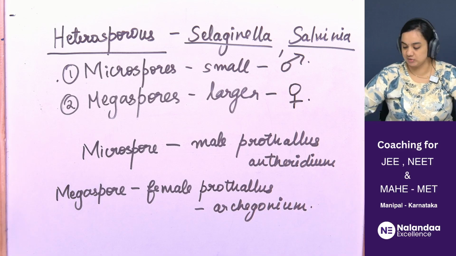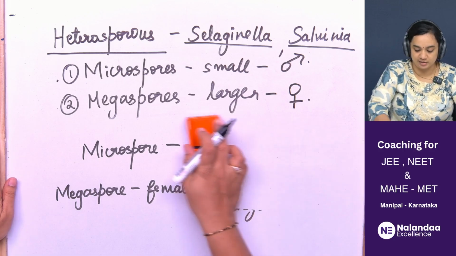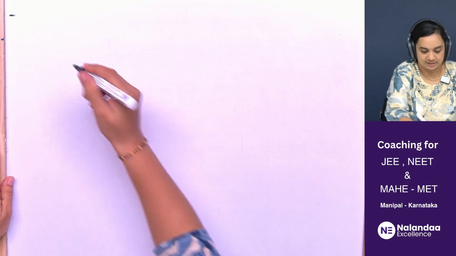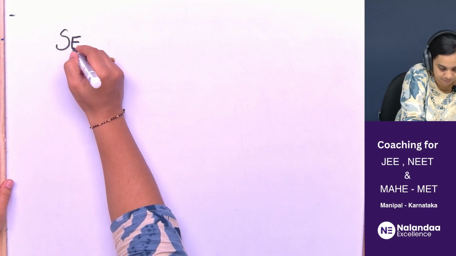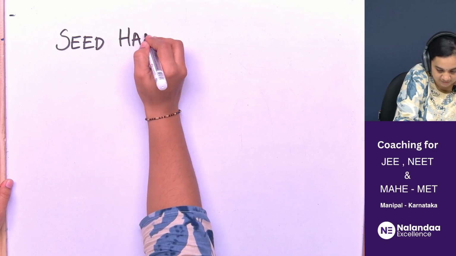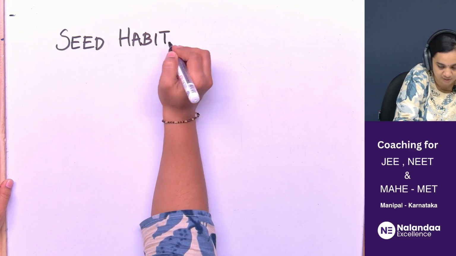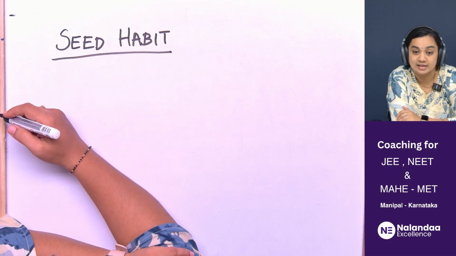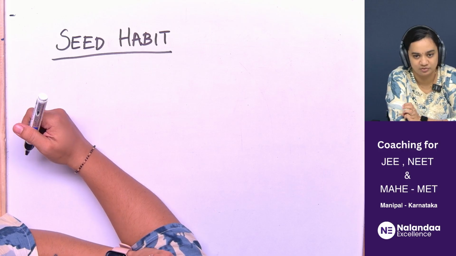Now comes an important topic under this called seed habit. Now you know that after pteridophytes comes another group of plants called gymnosperms, where seeds start to get formed first, right?